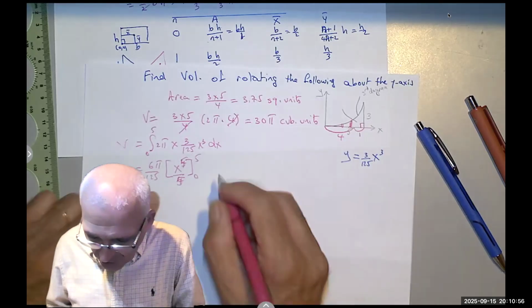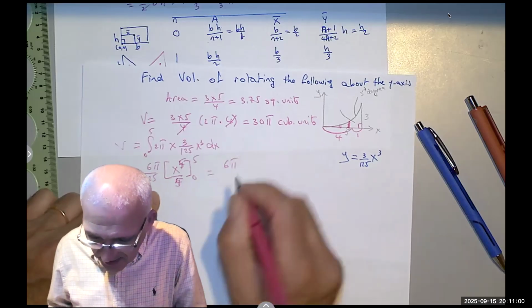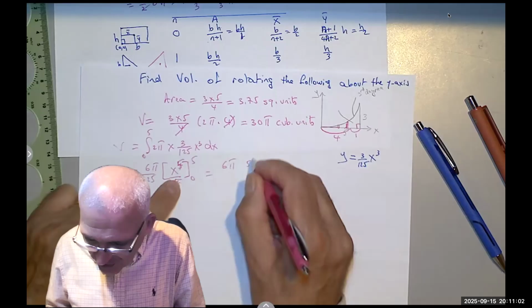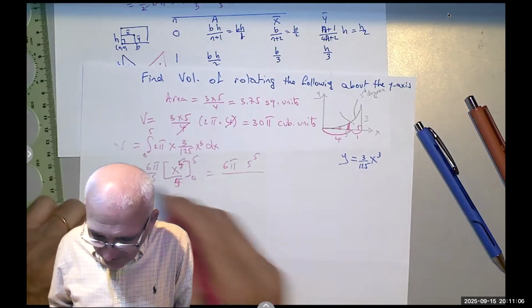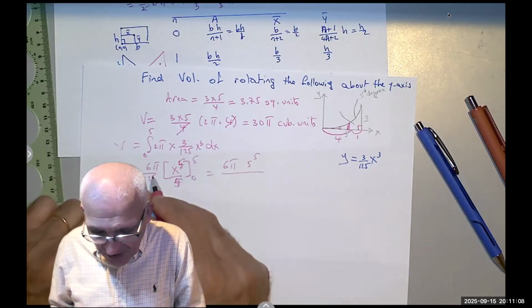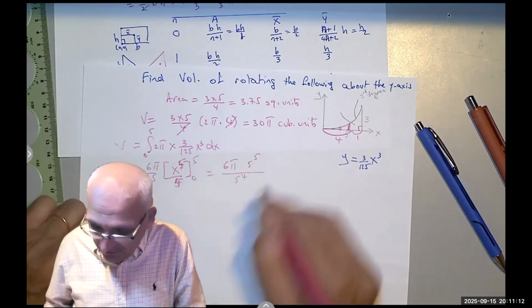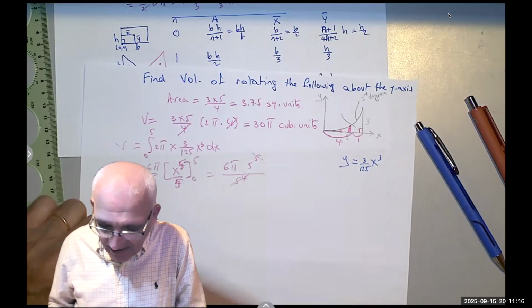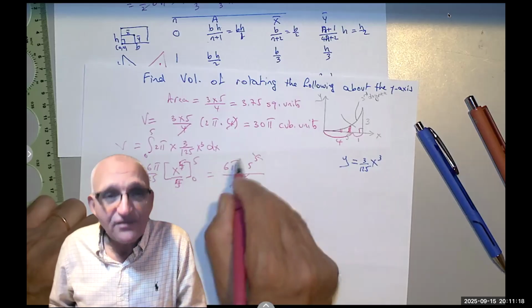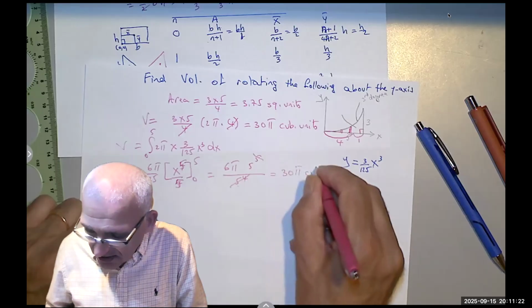Okay, so when I do that, I get 6 pi times 5 to the 5th over 125, which is 5 cubed, times 5 is 5 to the 4th. 5 to the 5th divided by 5 to the 4th is 5. And 5 times 6 is 30, and 30 times pi is 30 pi cubic units.